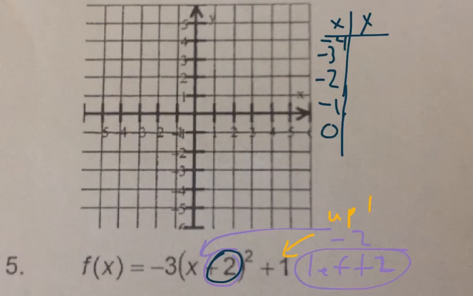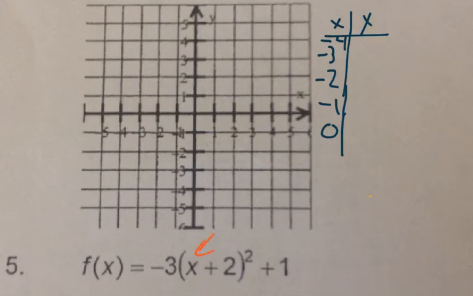So anyways, starting with negative 4, I'm going to plug in negative 4, and if you don't mind, guys, I'm going to clean this up a little bit here. So here's what I got. Negative 3 times (negative 4 plus 2) squared, plus 1.